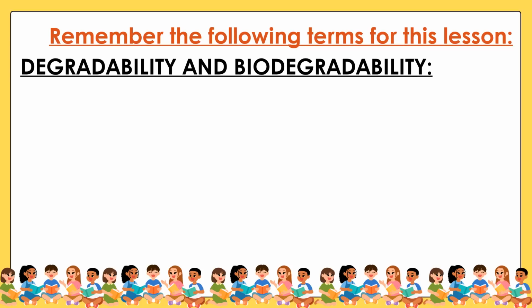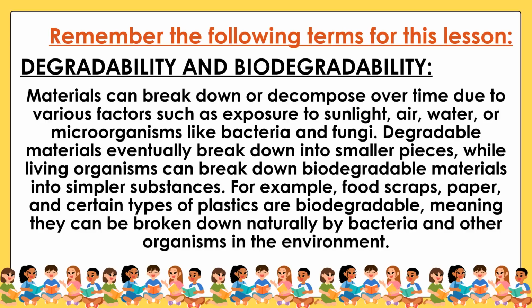Next, we have degradability and biodegradability. Materials can break down or decompose over time due to various factors such as exposure to sunlight, air, water, or microorganisms like bacteria or fungi.